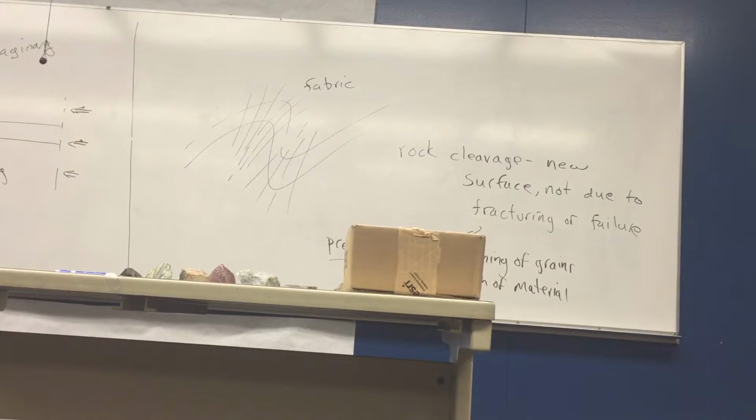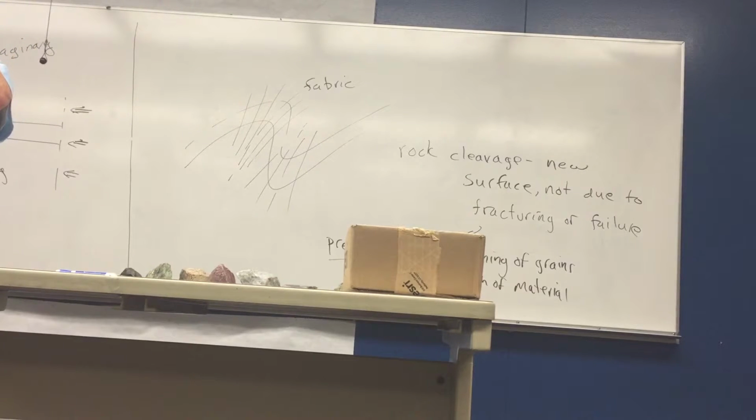You'll also notice that this central part is folded, where we don't have the pressure solution surfaces. This was flattened this way by quite a bit, squished. Here you see these beautiful little buckle folds. They're about 1 centimeter across.